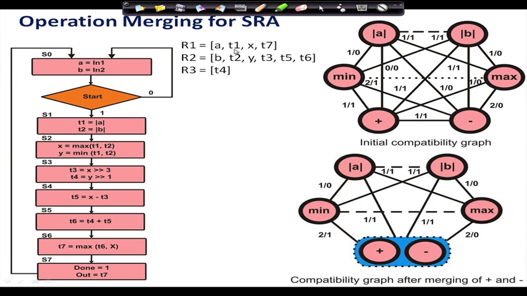So, max is sharing T1, that is R1, with mod of A, and also as an output it is sharing x with R1. So, R1 is being shared both as a destination and as a source. So, I have marked it 1 1.